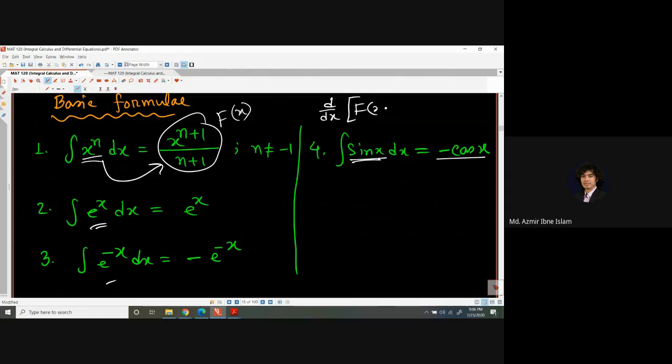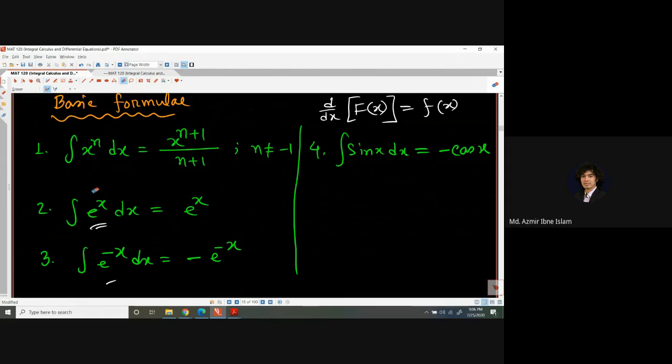It is true for any function f(x): if we integrate that function with respect to x, we will get the antiderivative. So you have to know all these common formulas before starting the u-substitution method and the further concepts.